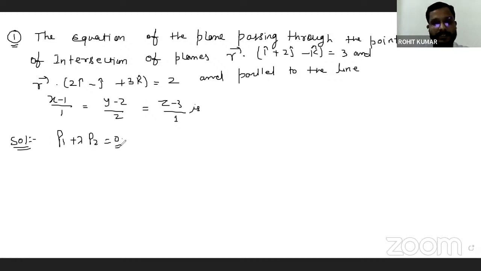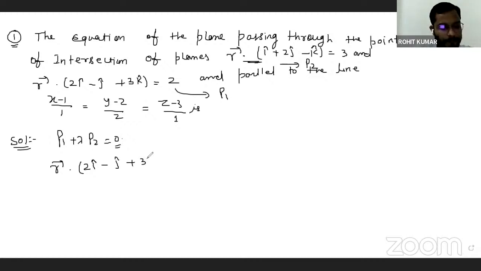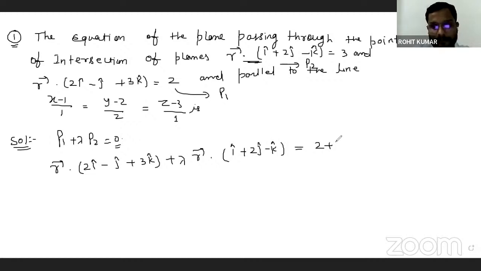This is the family of planes. We can take either one as P1 and the other as P2; there is no restriction. So r dot (2i - j + 3k) + lambda times r dot (i + 2j - k) = 2 + 3 lambda.